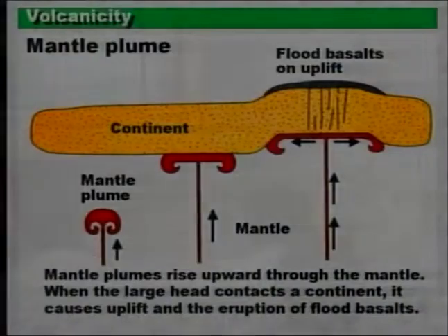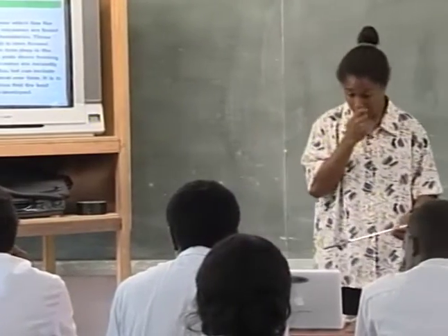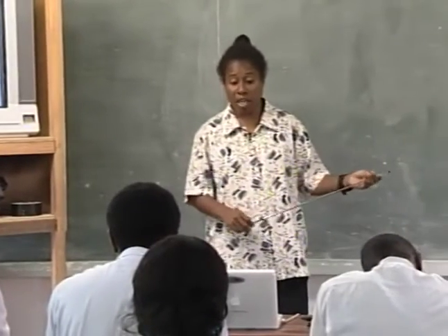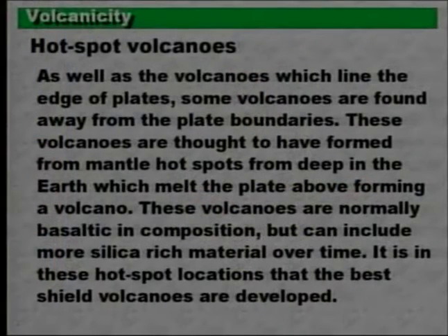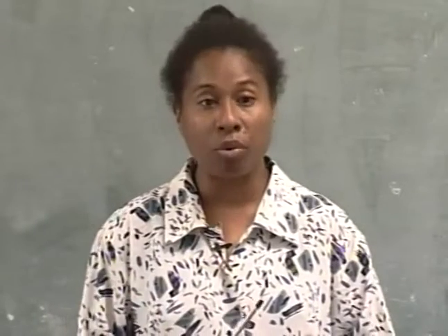So with that information, we note, as well as the volcanoes which line the edge of plates, from what we have covered already on tectonic plate movements, we did mention that volcanoes can also mark plate boundaries.